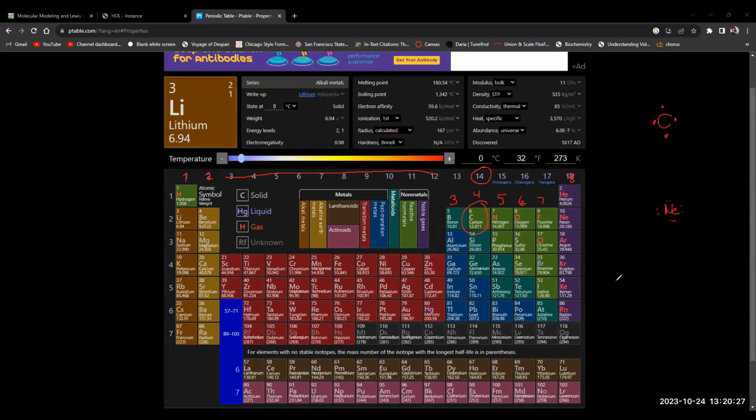So let's look at fluorine. Fluorine has 7 on its own, and it wants to reach octet 8. Which element would be a good bond for fluorine, if it wants to reach 8?